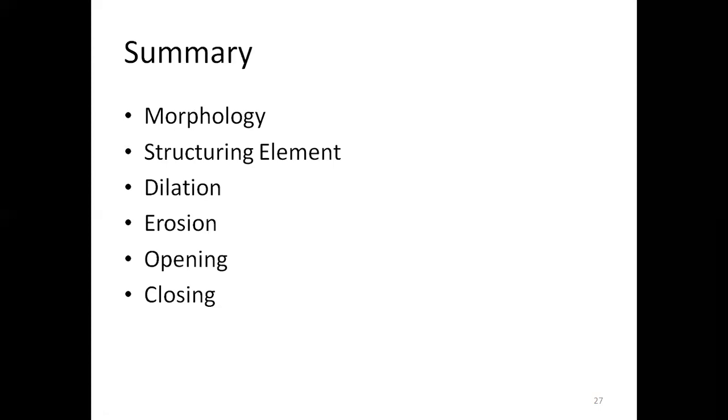Then we discussed the dilation operation, which increases the foreground pixels. Then we discussed the erosion part, which increases the background part and decreases the foreground part. And then, from the combination of dilation and erosion, we discussed opening and closing.